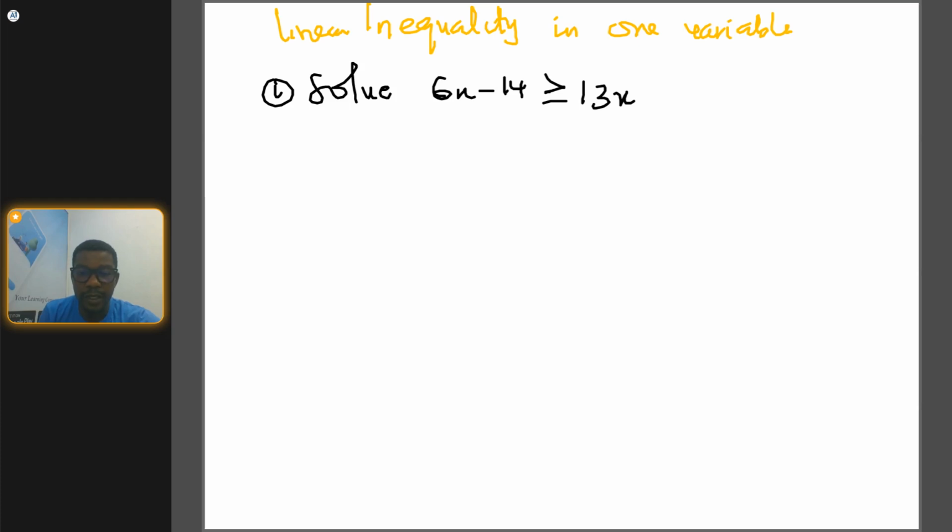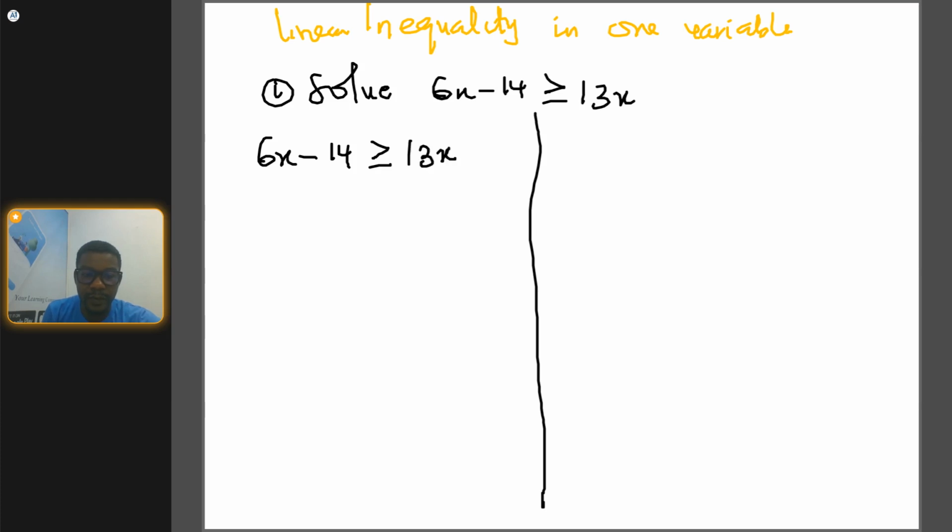All right, so let's go ahead to solve. Solution to this question, 6x minus 14 is greater than or equals to 13x. Now, have this in your mind that when you are solving inequality, it's just as if you are solving a normal algebraic equation. So when you are moving a variable or a number from one side, crossing the inequality sign, the sign has to change.